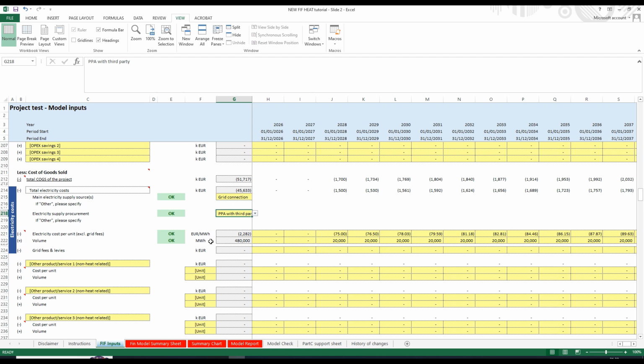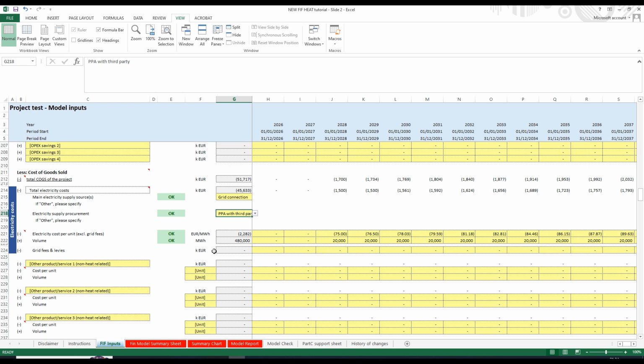Ensure that the electricity volumes and prices align with the heads of terms submitted in the mandatory annexes of your application. Add any applicable grid fees and levies expressed in thousands of euros. If electricity is sourced from different suppliers or generation assets, provide the detailed breakdown in a supplementary sheet, as this section only allows aggregated electricity volumes and prices.